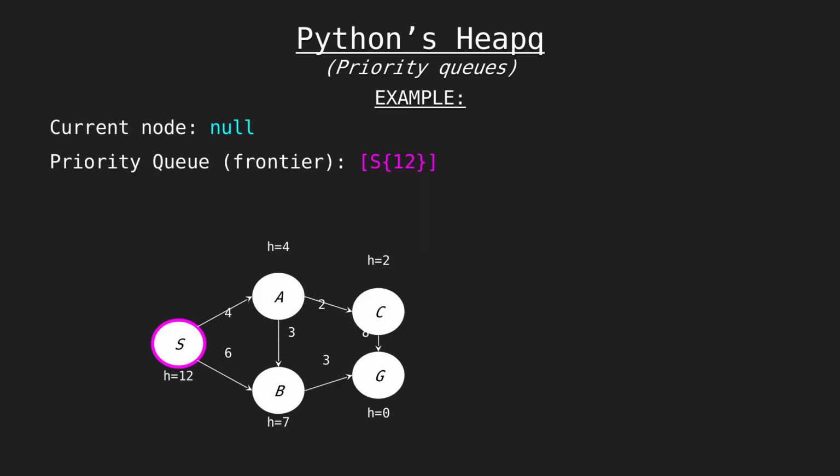The module heap queue has two functions, heap pop and heap push, that add and take items from this queue, maintaining the special sorting mechanism. Heap pop removes and returns the element with the lowest priority from the queue, and resorts the elements so that they are in the correct order. Heap push adds an element to the list, and then sorts the list in order to maintain the priority of the elements.